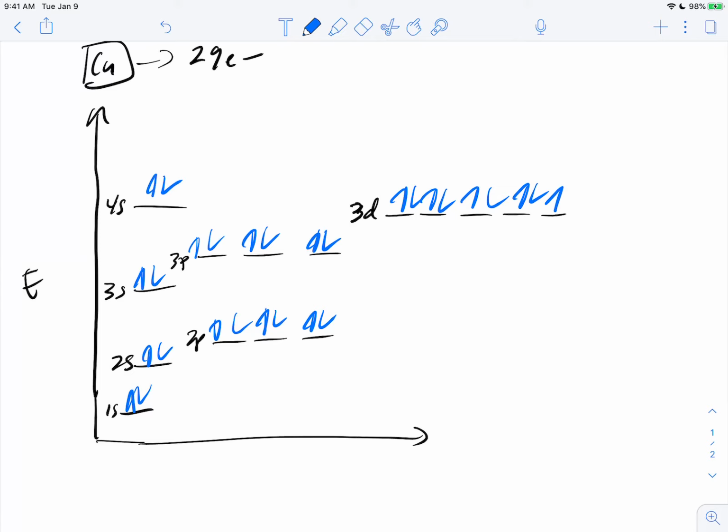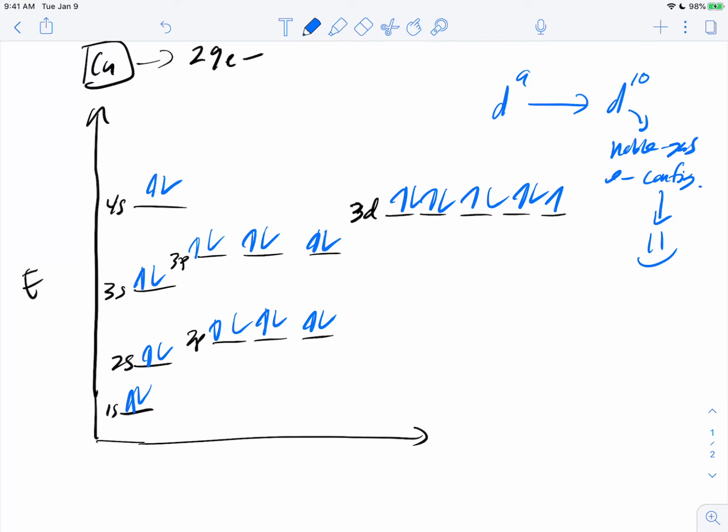Now you'll notice this is what we call a d9 configuration. A d9 configuration is very close to a d10 configuration, which we call a noble gas electron configuration. Now this is very stable, and so copper is very close to being this configuration.